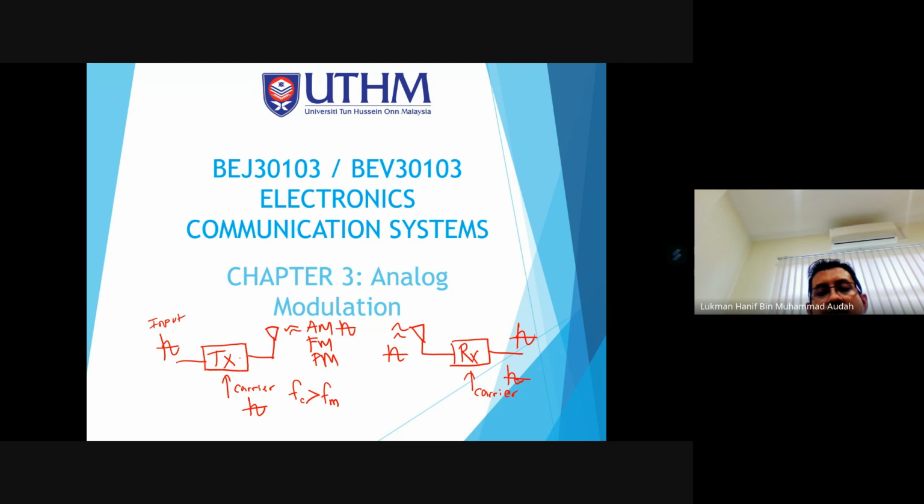So chapter 3, basically we're going to learn these two main processes, the modulation and also the demodulation. And this is about the analog system. That means the input is analog and we transmit the signal as analog, so all processes happen as analog.